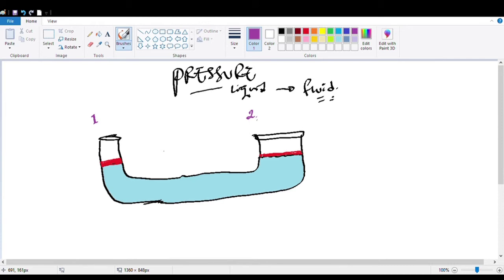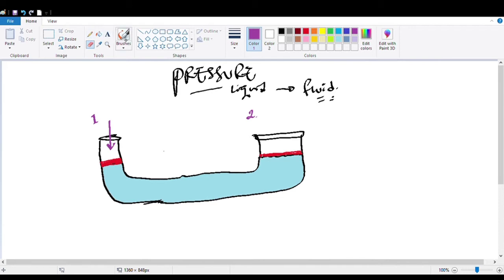Now there's another situation. If I push this piston downward, the water level in opening 2 will increase. So the water moves to this opening, and this is the pressure in the liquid, right?